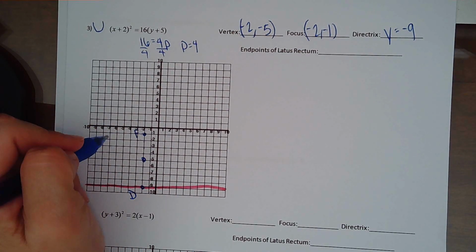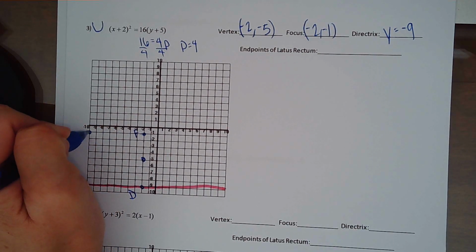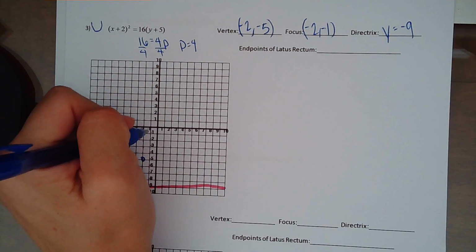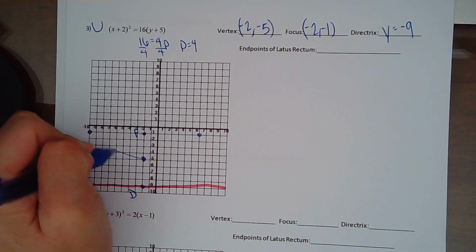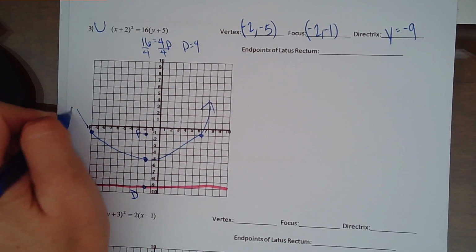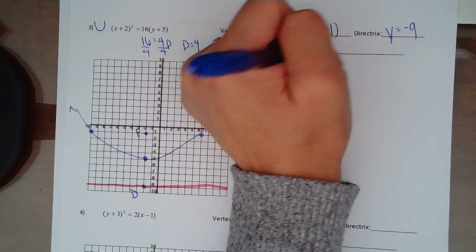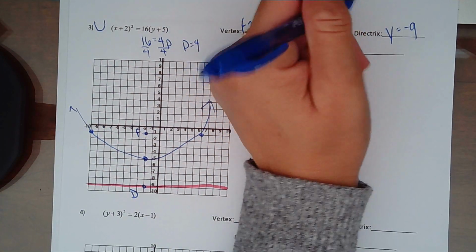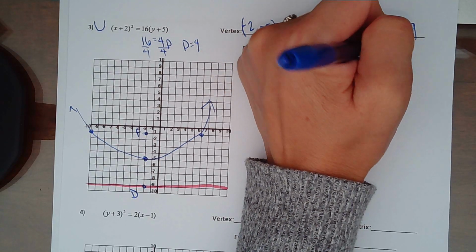So from my focus, I'm going to go ahead and count over 8, which will bring me to -10 and +6. And I'll go ahead and graph my parabola, and then I'll write the endpoints of my latus rectum. So -10, -1, and 6, -1.